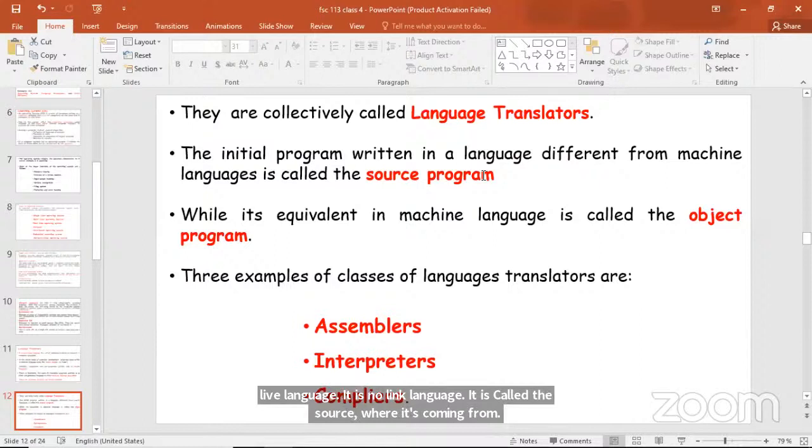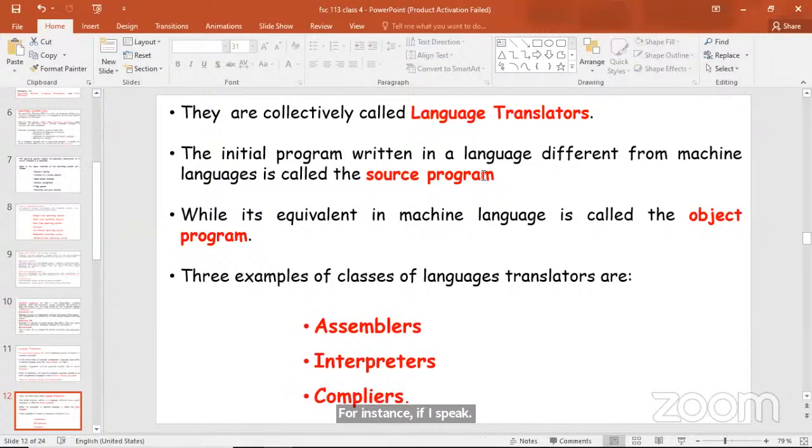For instance, if I am a Yoruba person and I go to the north, the source language in the north is Hausa. The source language in the east is Igbo, right? So this language has to be translated using a language translator.